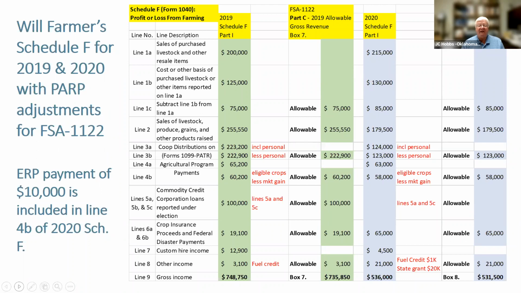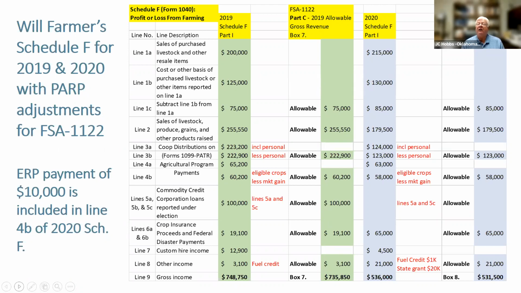So we get a final number in the green column, the second one, of $735,850. That is the box 7 amount from a Schedule F. Now remember, we've got to take into consideration 4797 adjustments. And we'll show you how to do that in just a moment.